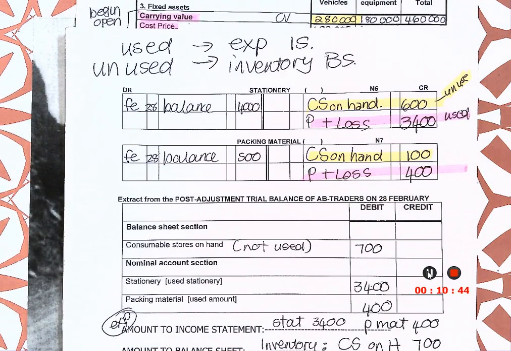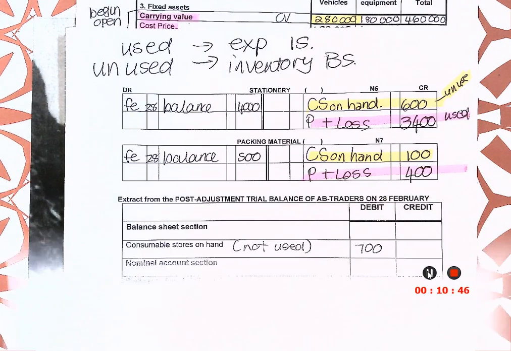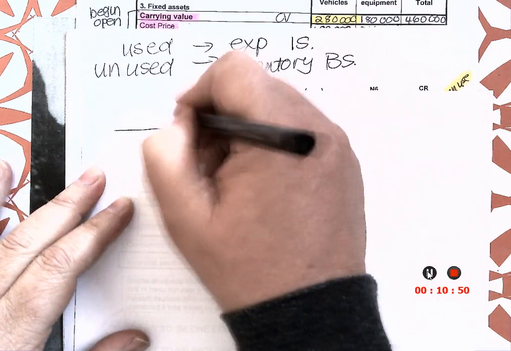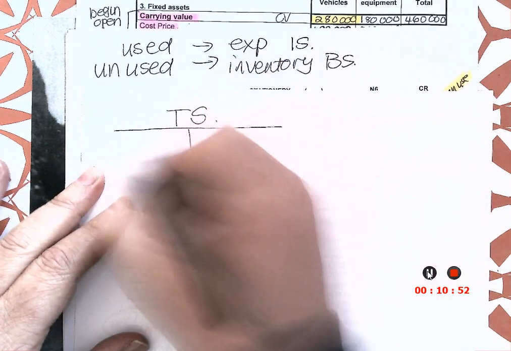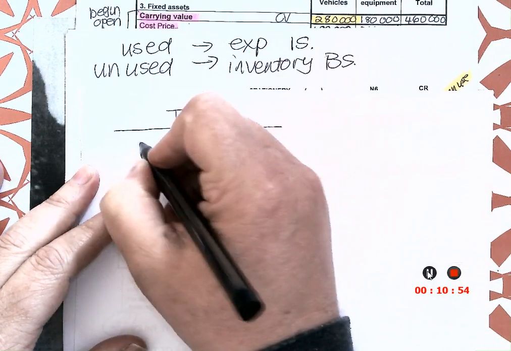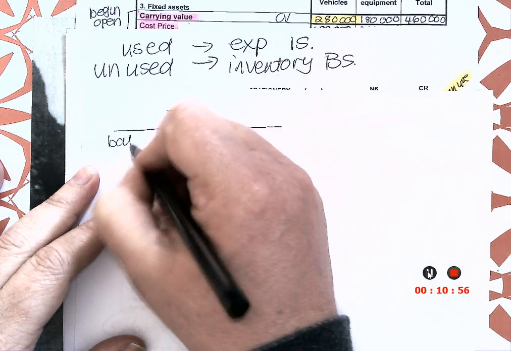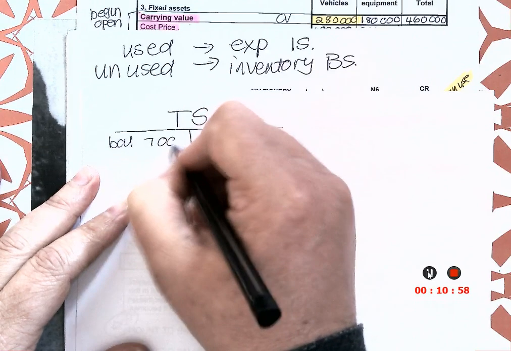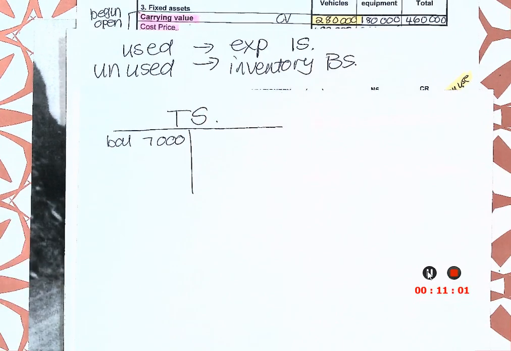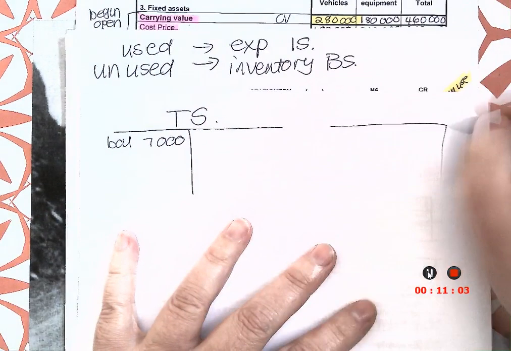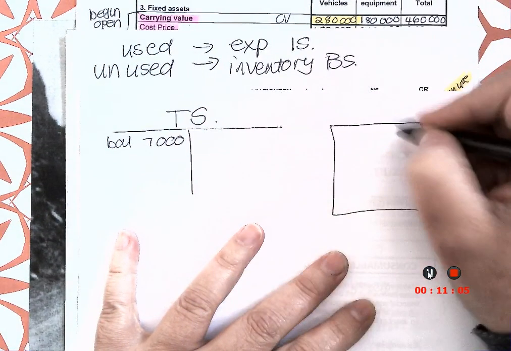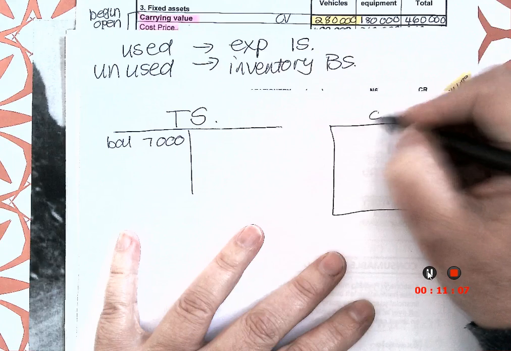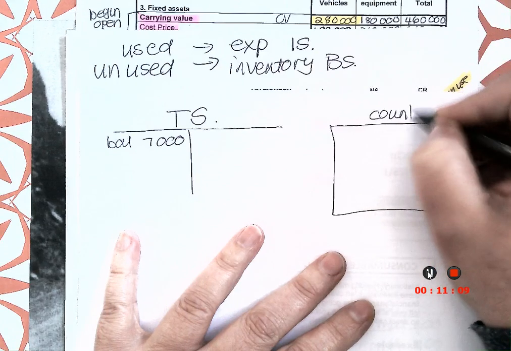If I look at my trading stock T account and it says I have a balance of 7,000, when I go to the physical storage room and start counting, I should count 7,000.